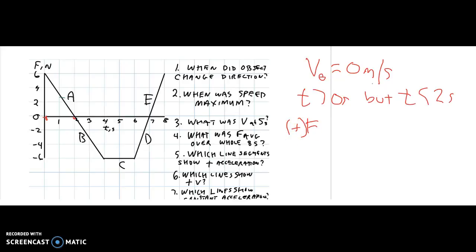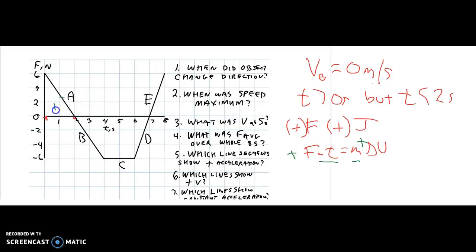And if I have a positive force, then that is going to be a positive impulse. Right? We also know impulse is F times T equals M delta V. So if this side is positive, this is a scalar, and this is a scalar, so that doesn't matter. That means my change in velocity is positive.